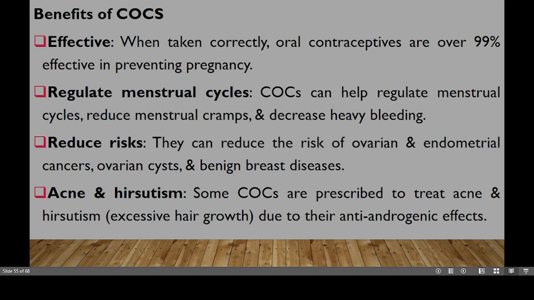They can help regulate the menstrual cycle, reduce menstrual cramps, and decrease heavy bleeding. Also, they can be used to reduce the risk of ovarian and endometrial cancer, ovarian cyst, and benign breast diseases. Also, some COCs are prescribed to treat acne and hirsutism. This is excessive hair distribution due to their anti-androgenic effects.